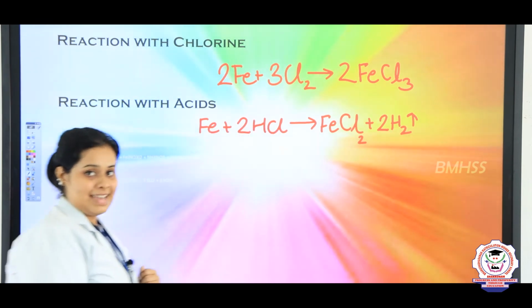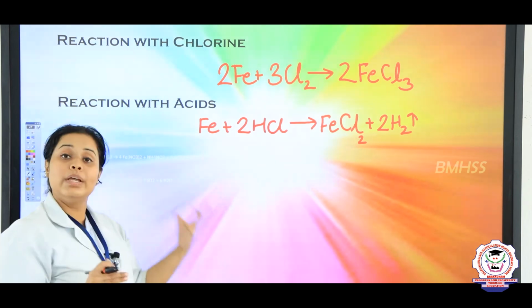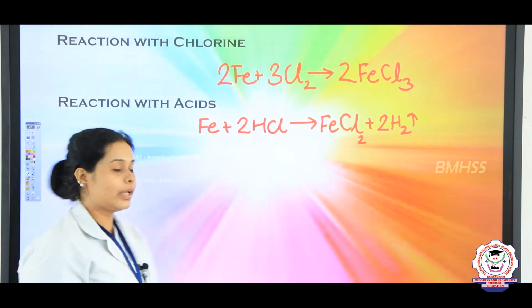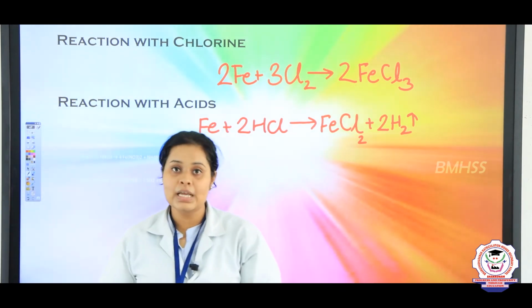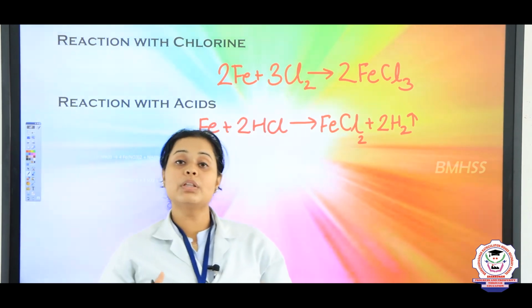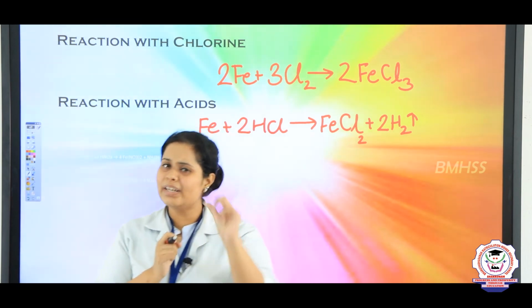Okay? Yes. Then you are seeing with sulfuric acid. When you are doing the reaction with the sulfuric acid, you will get iron sulfate. Okay? Same way, if you are doing the reaction with nitric acid, you will get ferrous nitrate. Same way, when you are doing reaction with the dilute or here with the concentrated, here one addition will be there.